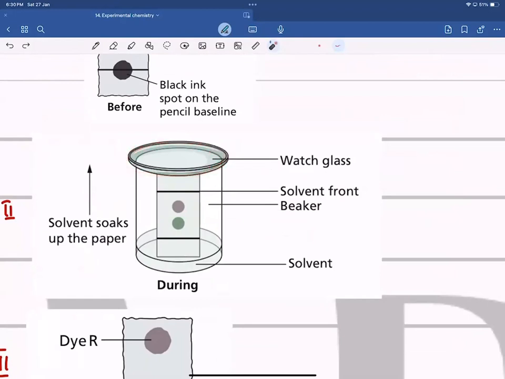So the examiner asks you this in two ways. One way, the examiner will ask why this lid is put over here, and the examiner didn't mention the solvent, so you have to identify that the lid is there because the solvent must be ethanol, which can evaporate. That's why we have to cover it.